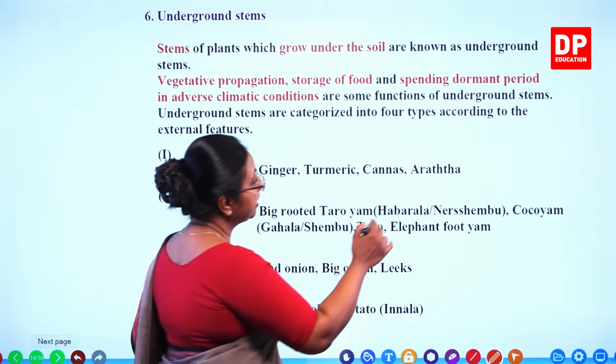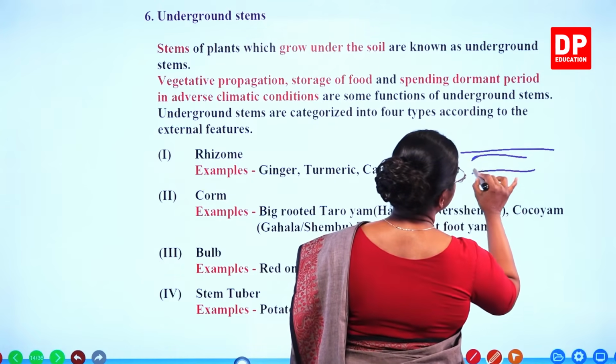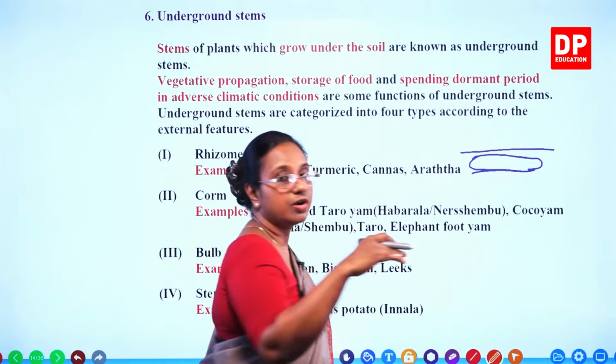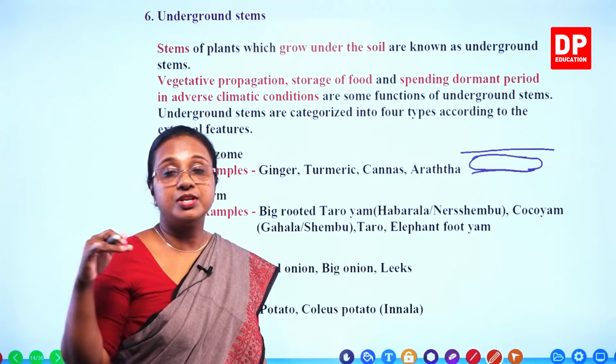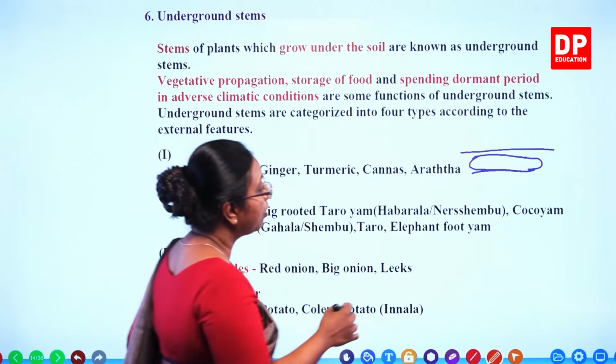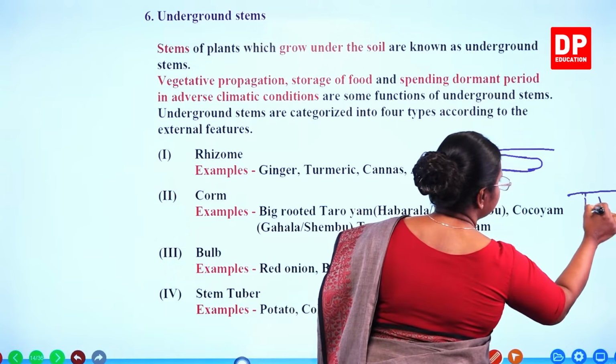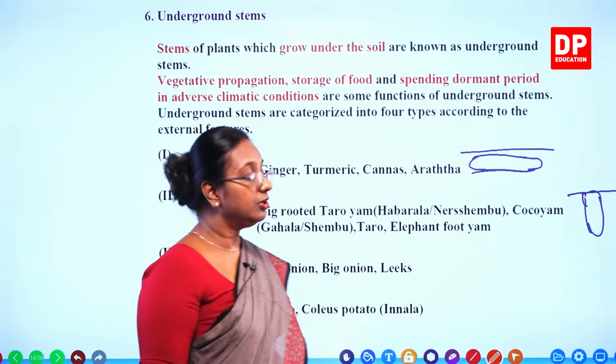If we take the rhizome, it normally grows horizontal to the soil. It grows horizontally under the soil. Whereas if we take the corm, it grows vertically like this. If the soil surface is here, that will be the corm.